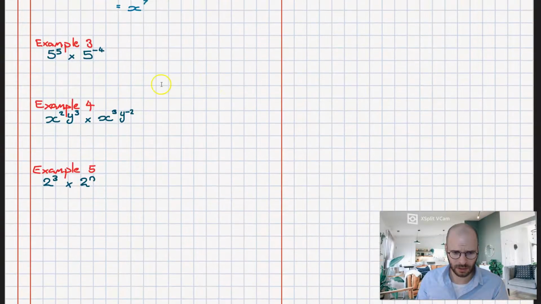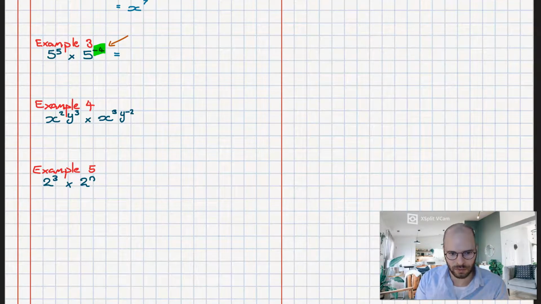Alright, moving down. We have example 3. 5 to the power of 5 multiplied by 5 to the power of negative 4. The difference in this example is we have a negative 4. In which case, we're simply going to treat this as if it's a positive number, but with a negative in front.